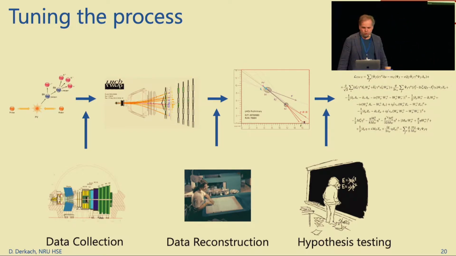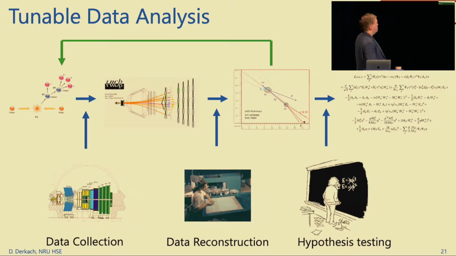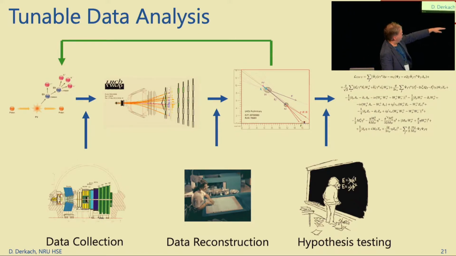So what we can do is try to understand how to tune our detector and our analysis in order to create the best possible configuration for the detector, so that the theorist can discover something very fast.